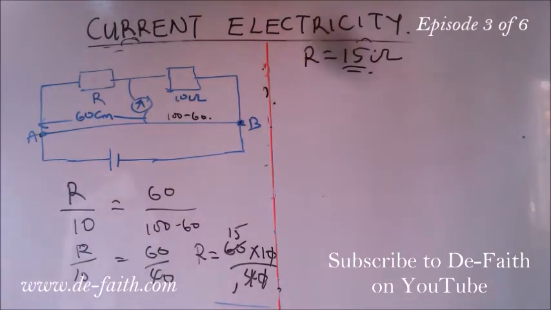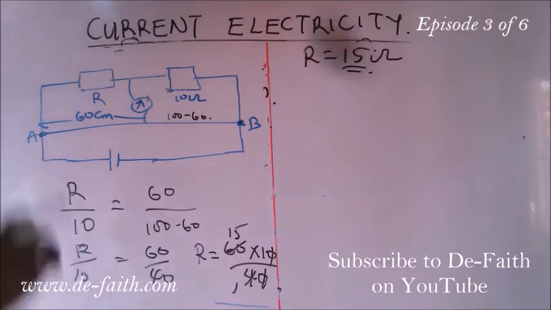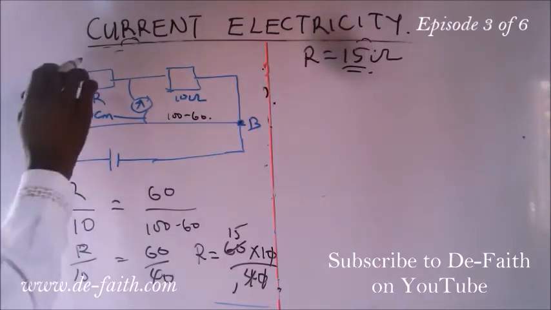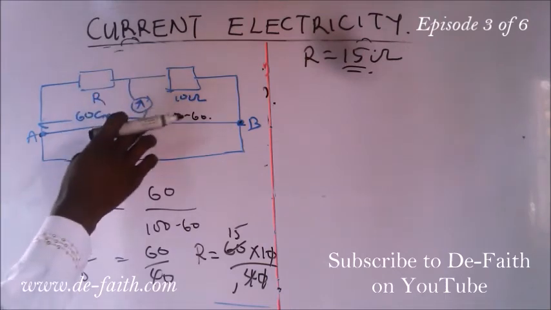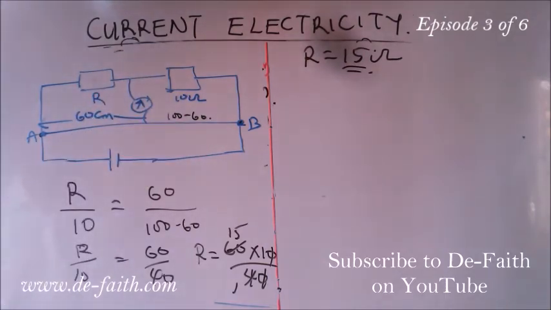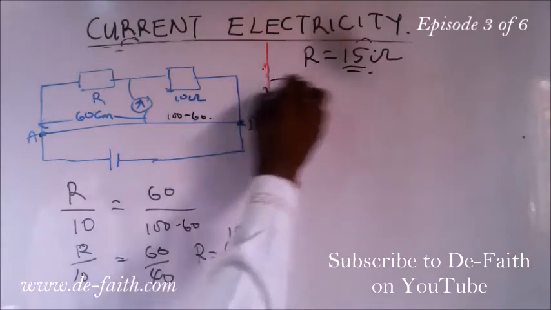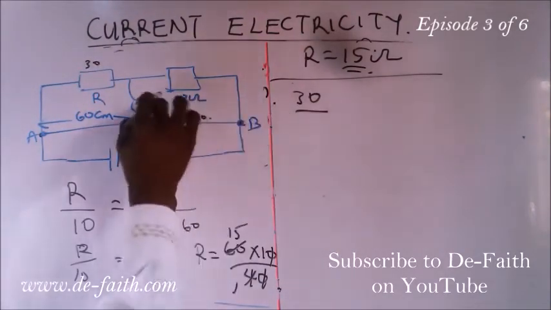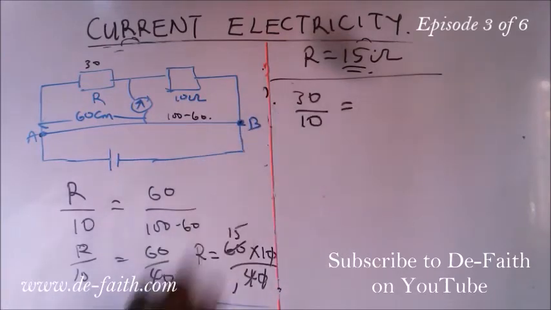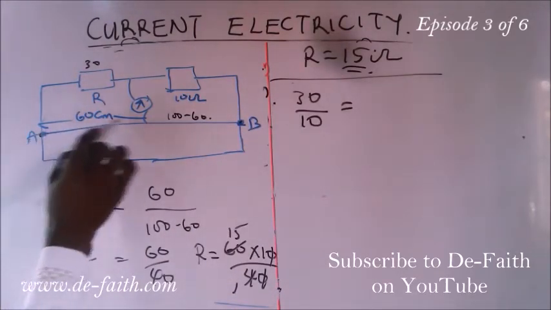But we're told that if R is now 30, what will be the new balance point? So we need to adjust this wire. Now what will be the new balance point? In that case, we'll have this place as 30 now. 30 over, this still remains as 10, equal to, let's say that this is the place we are adjusting.